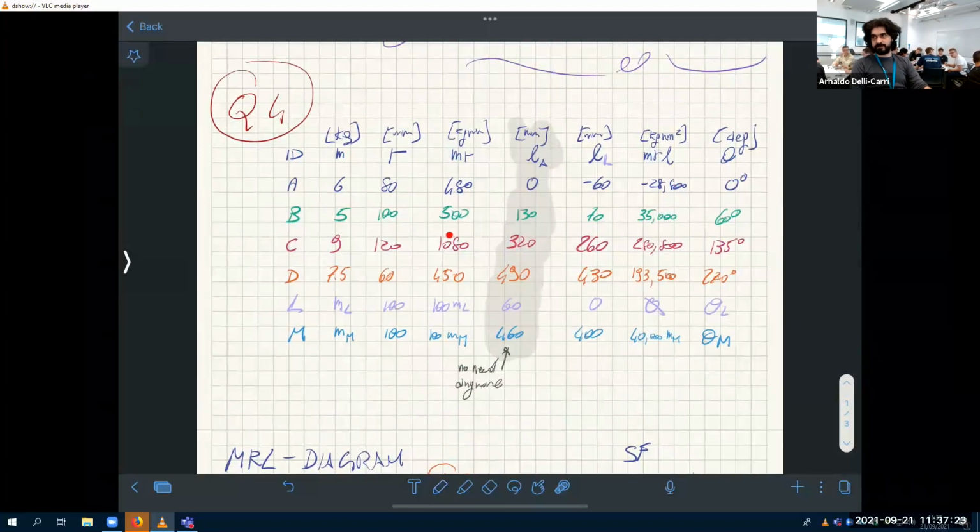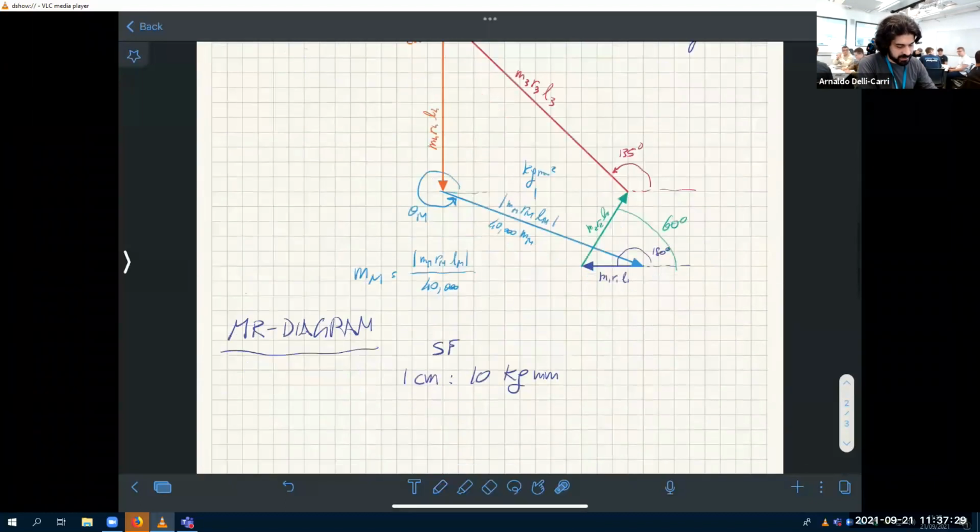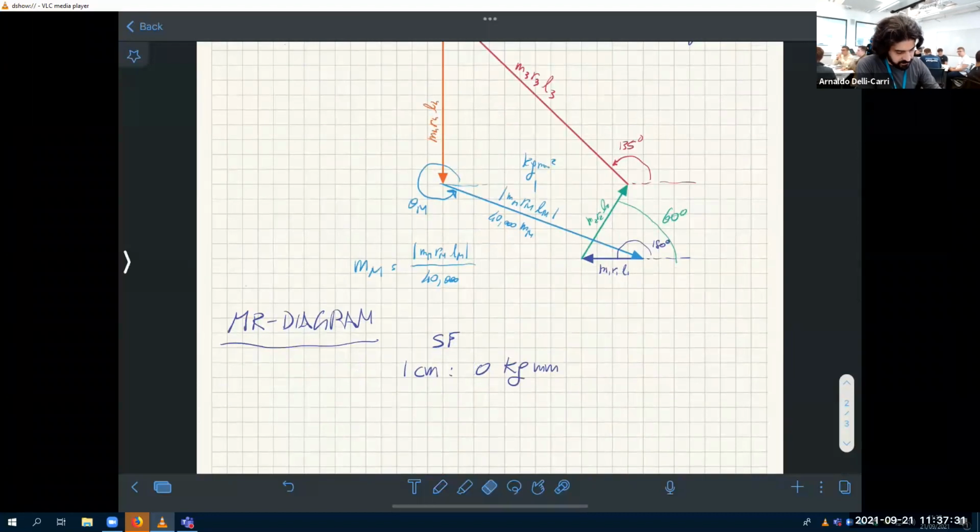It's probably too large, because 108 centimeters is a very long vector. So probably you want to make this 50. So for every 50 kilogram millimeters, you draw 1 centimeter worth of length.